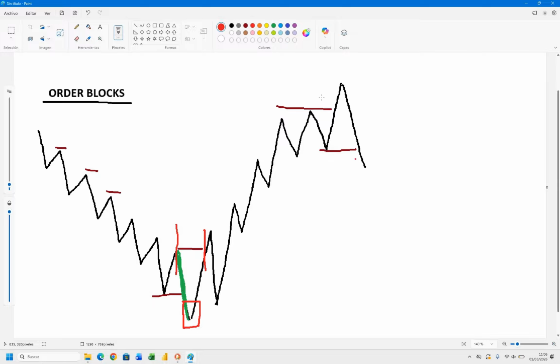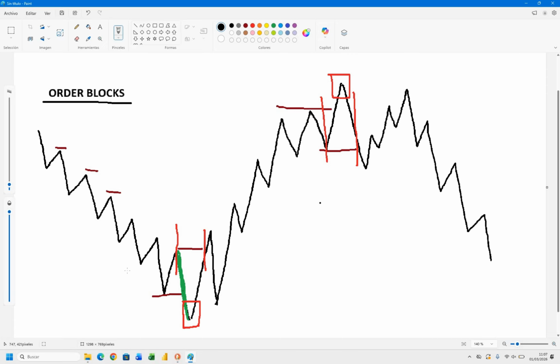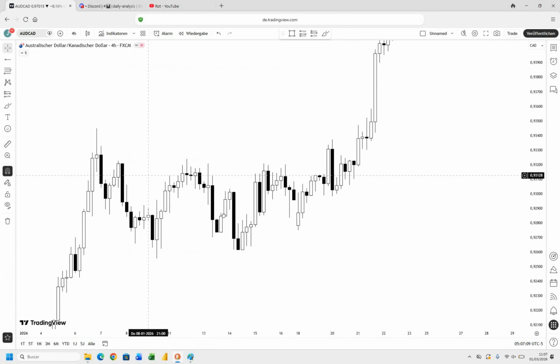Then we take that low and the candle that closed below the low, and look at all of those candles, and the highest candle becomes an order block. The price will then come higher into the order block, and then lower and lower. Now that we have the theory, let's go to practice.